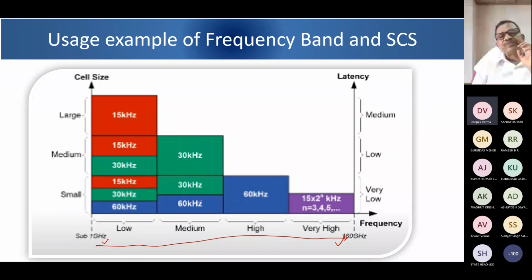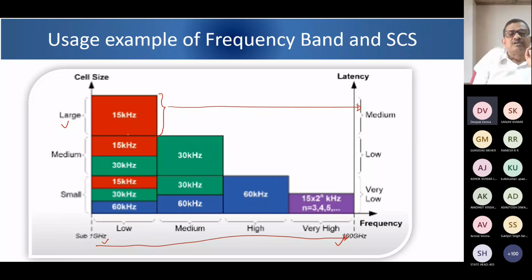If I use 15 kilohertz in the lower side of the channel bandwidth, less than 1 gigahertz, I can have large coverage, large cell size. But since the signal has to travel a larger distance and come back, my latency will be medium.